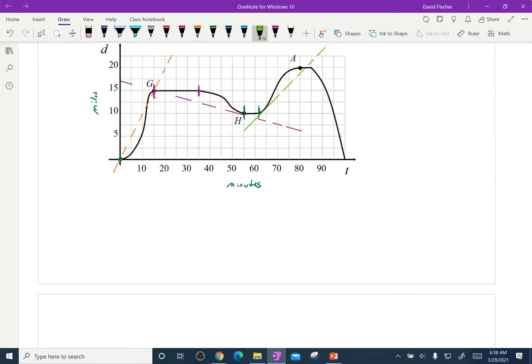Do you agree that right in here is where she started going much faster? Right here's a pretty straight line. So let's put a point P right here. Before that, she's picking up speed. For the first 8 minutes or so, she's going faster and faster, covering less distance per minute than right here.